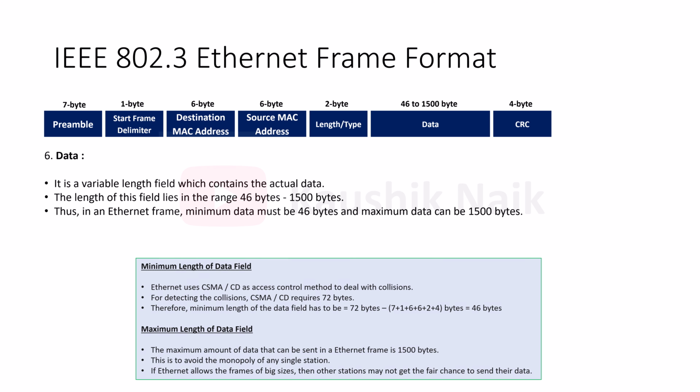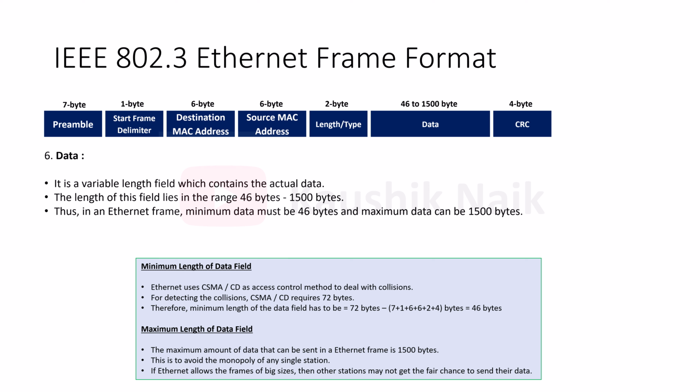The minimum length of the data field is specified as 46 bytes because Ethernet uses CSMA/CD, which is the method used for access control and to deal with collisions. So, to detect the collisions efficiently with this method, it requires 72 bytes of data in the Ethernet frame.